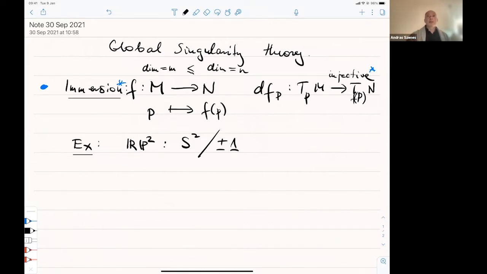Yeah. And so the question is the following. I will be looking at maps from this space into R3. And the question is, does there exist an immersion?